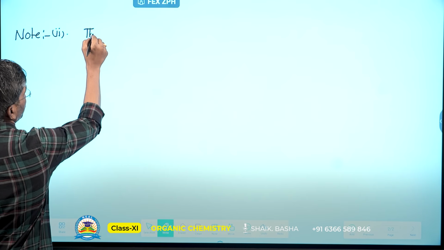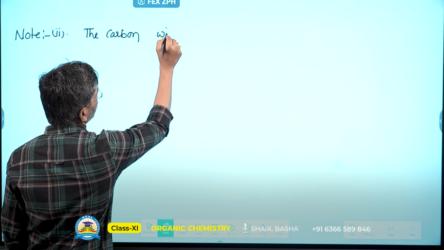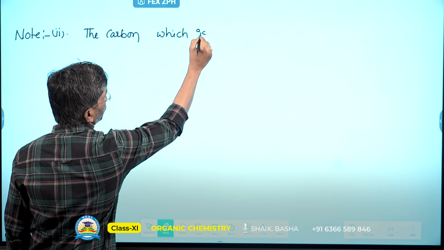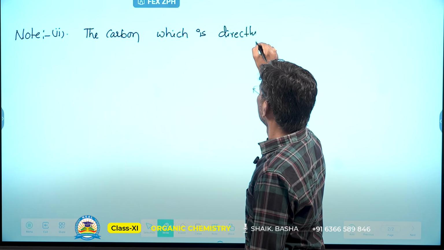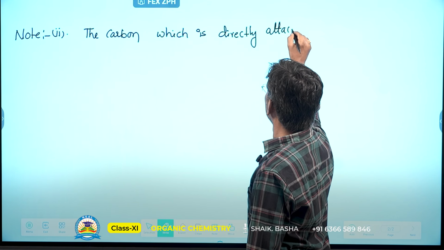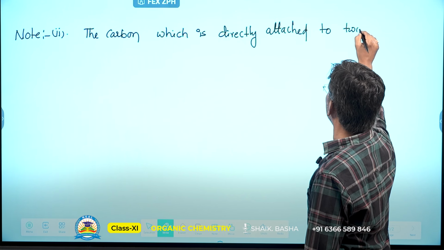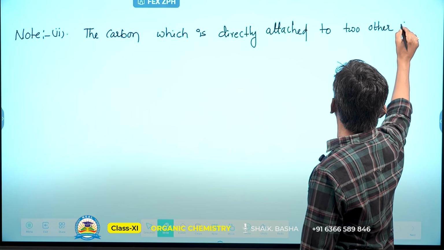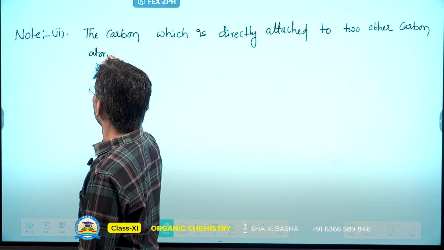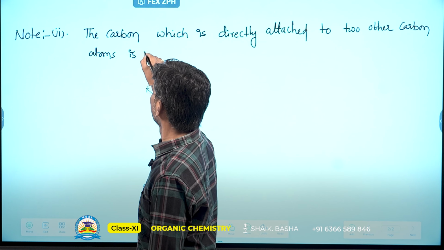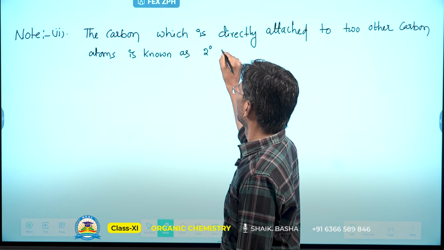The carbon atom which is directly attached to two other carbon atoms is known as secondary carbon atom.